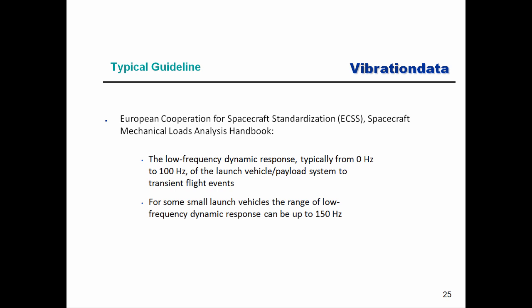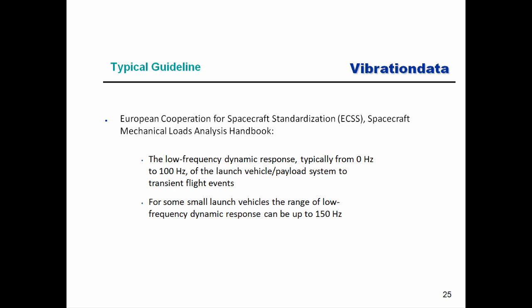So typically for these larger launch vehicles, 0 to 100 Hertz would be the frequency domain of interest. So again, if we had our flight accelerometer data sampled at 10,000 samples per second, we would certainly need to low-pass filter it, and we might also want to decimate it as well.